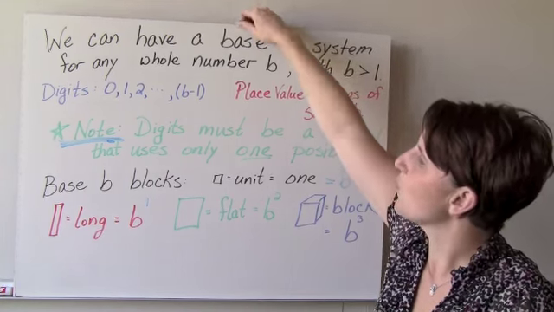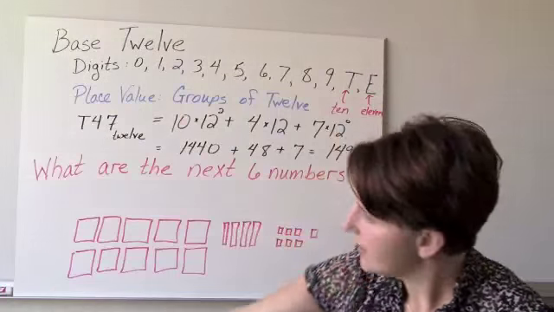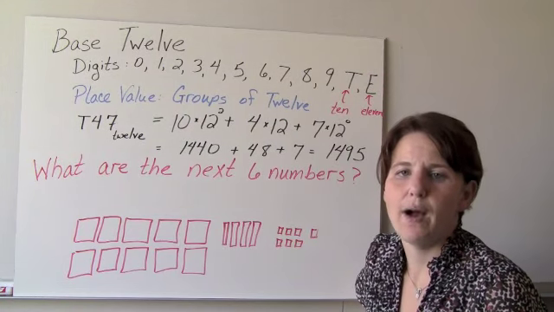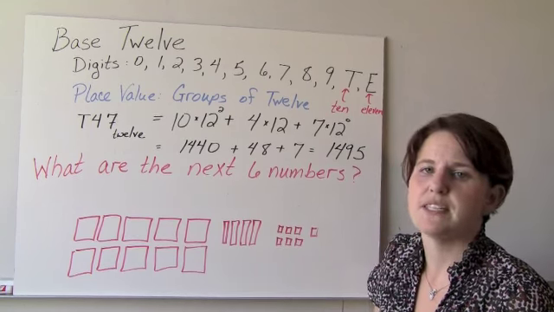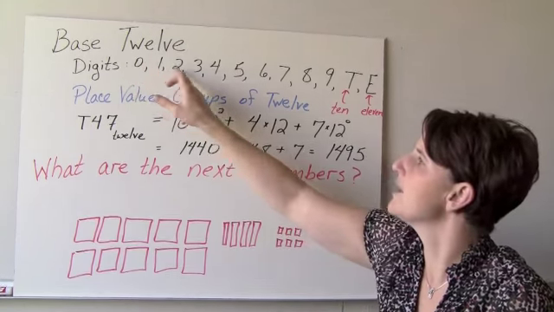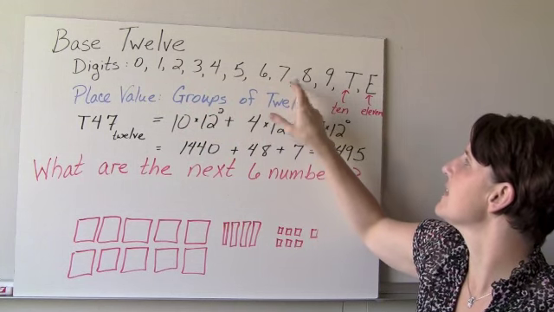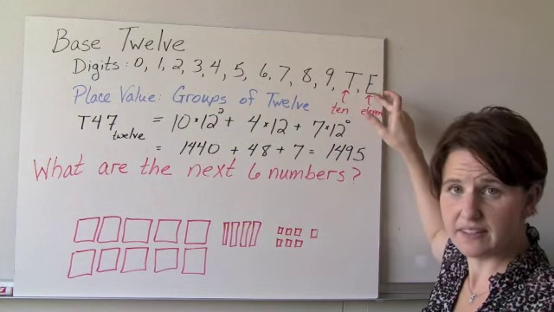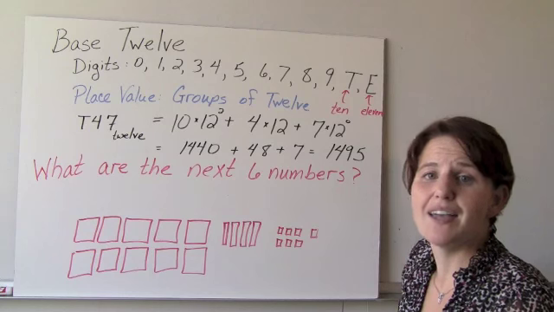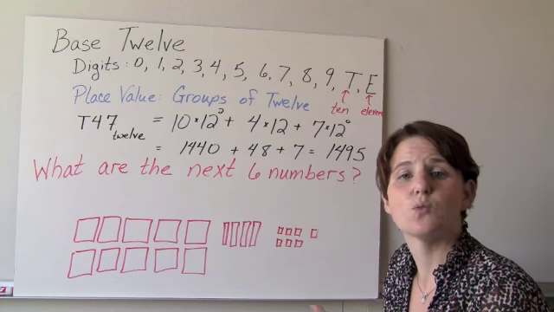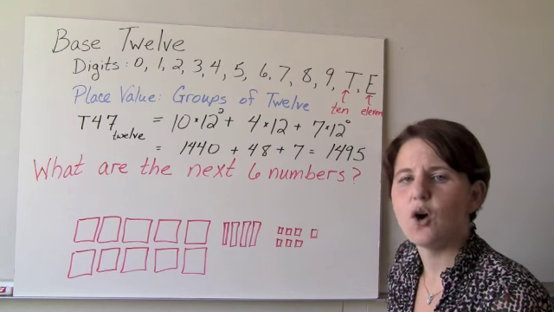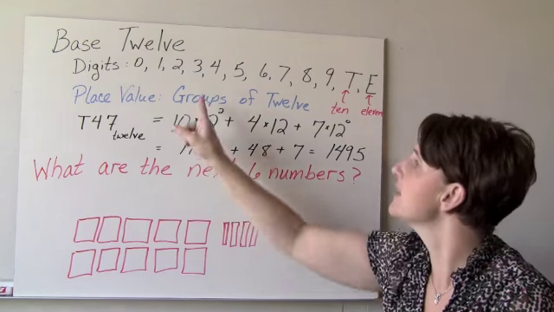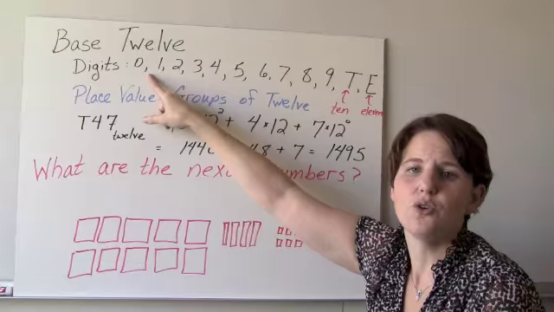So, with that in mind, let's think about a base 12 number system. In a base 12 number system, we're going to have the digits 0, 1, 2, 3, 4, 5, 6, 7, 8, 9, 10, 11. Notice that I'm not using 10 written as 1, 0. Because if I use 1, 0, that takes up two positions with digits I've already used.